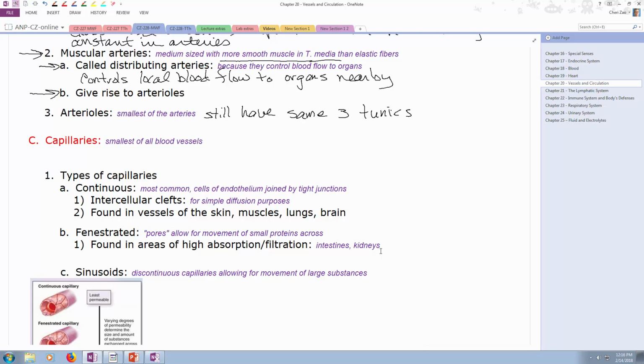Capillaries are indeed the smallest of all of our blood vessels. It's just our tunica intima on a basement membrane. There are three types of capillaries that I would like you to know.